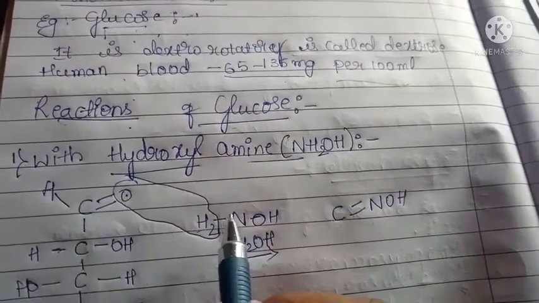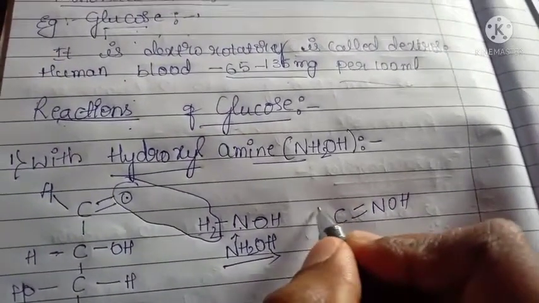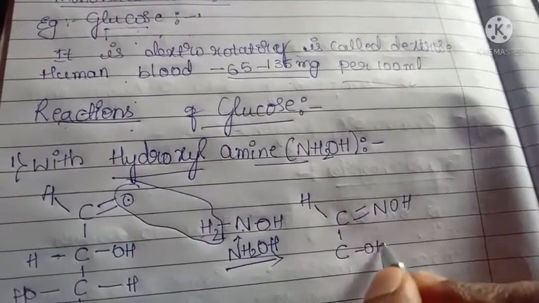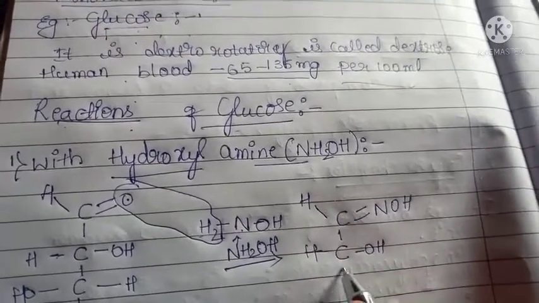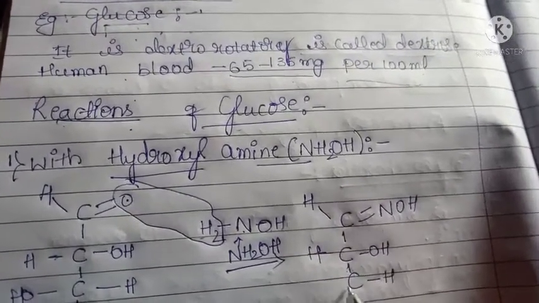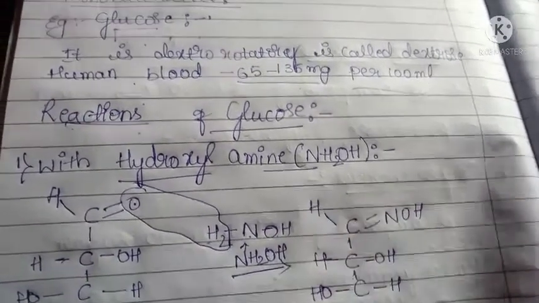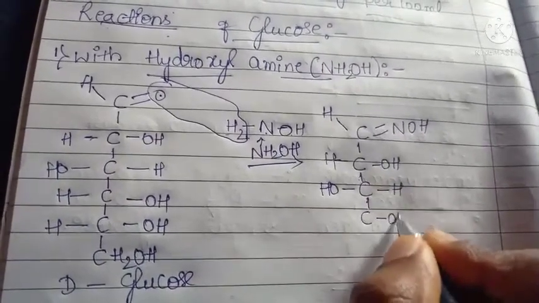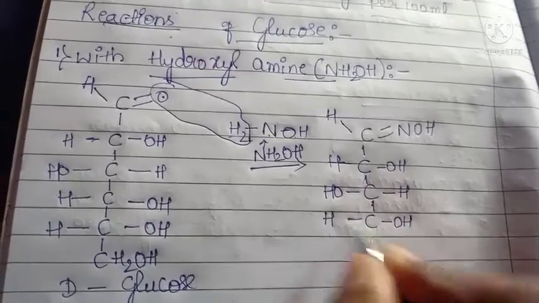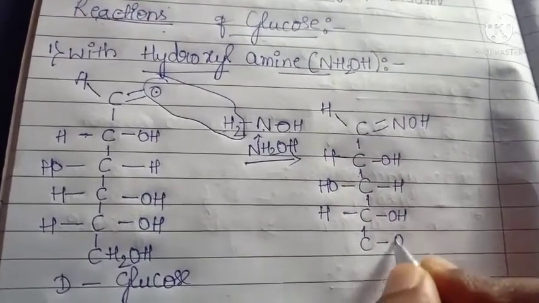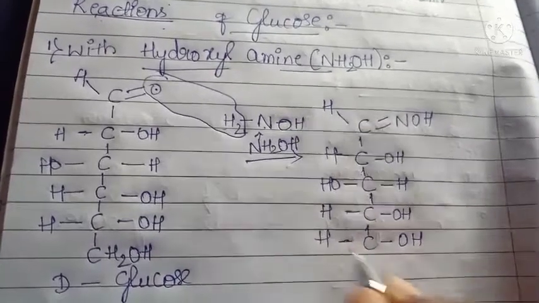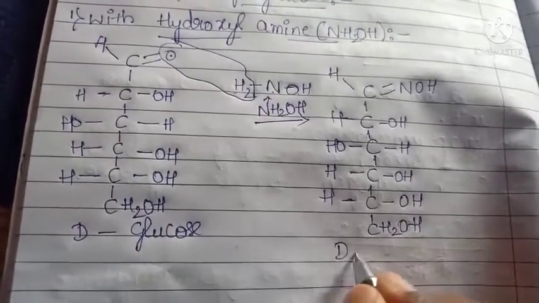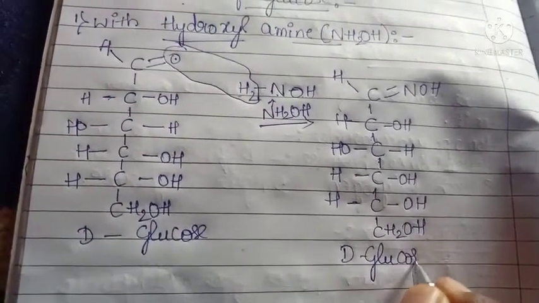Instead of oxygen, NOH is substituted, and the rest of the chain stays the same with CH2OH at the end. This is D-glucose oxime.